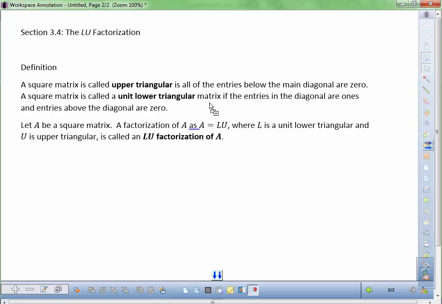And it's unit lower triangular, so the unit comes first, if the entries in the diagonal are 1 and everything above it is 0 and everything below may or may not be 0, but in general non-zero. So an LU factorization is where we can take a matrix A and factor it into a unit lower triangular matrix times an upper triangular matrix.